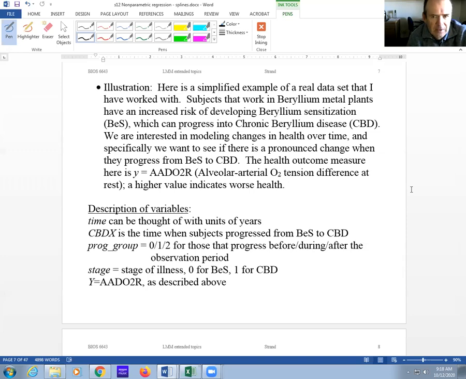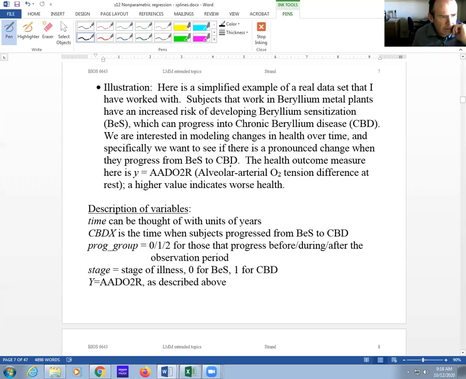Some would become sensitized to it and not progress, but others would initially get beryllium sensitization and then progress into CBD. And we observed that for those that progressed to CBD, their health outcomes would worsen more quickly.